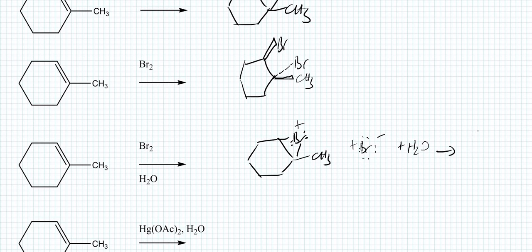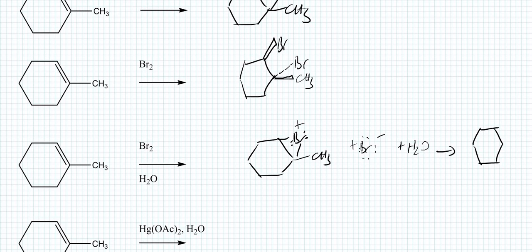So let's draw the final product. And the addition has to be a trans addition, because Br and OH have to be on different faces of the ring, because we are forming here a cyclic bromonium ion.